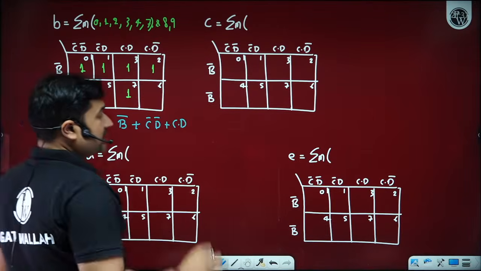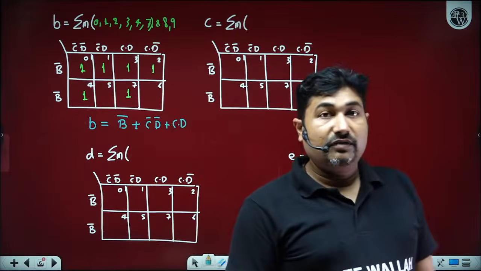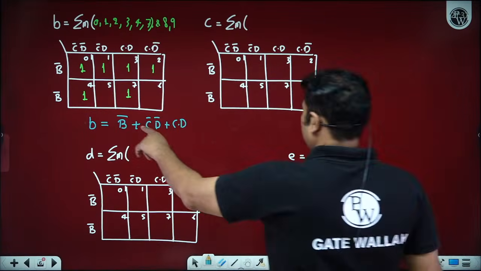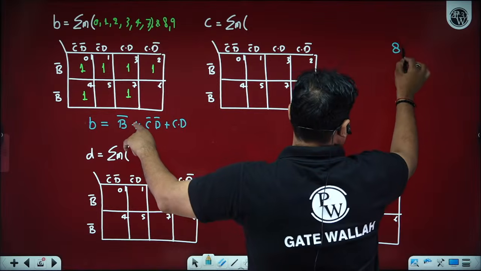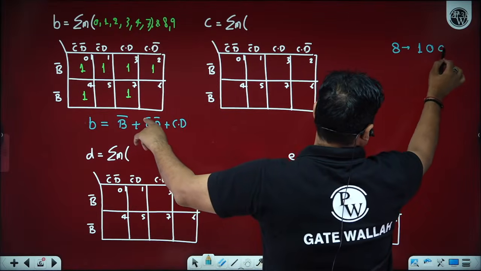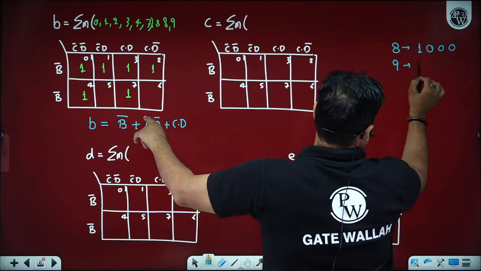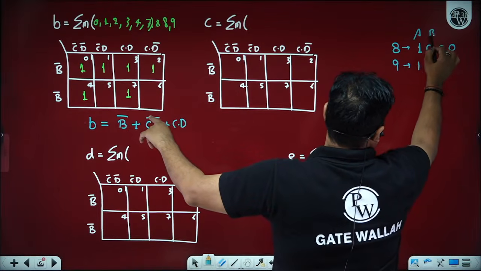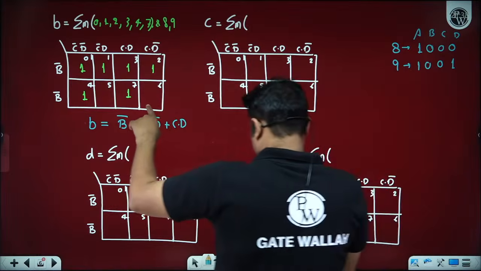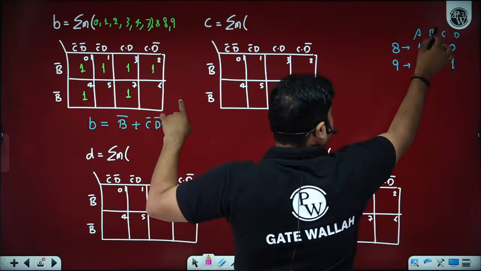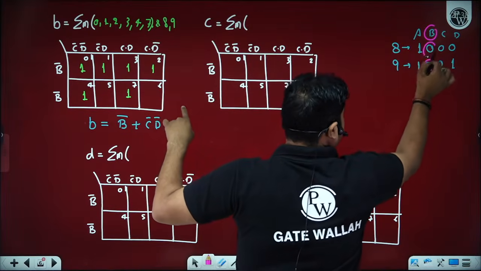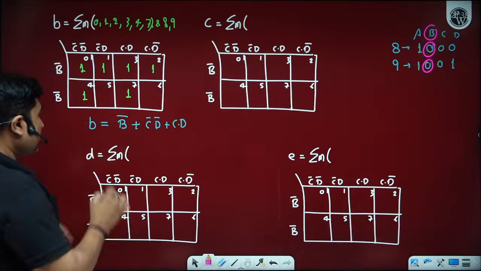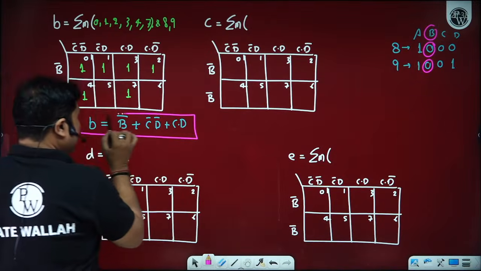Whether this expression is sufficient to define 8 and 9, for that you can check. What is 8? 8 will have the binary 1, 0, 0, 0 and 9 will have the binary 1, 0, 0, 1. So here we have A, B, C, D. We are getting B is 0. If B is 0, it means what? We are getting B bar 1. So this is sufficient to define 8 and 9.